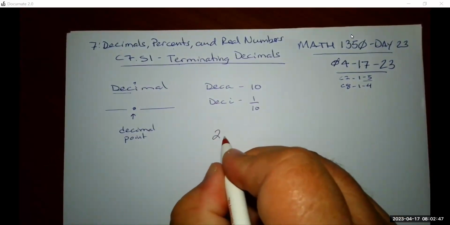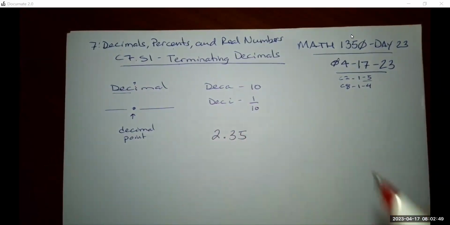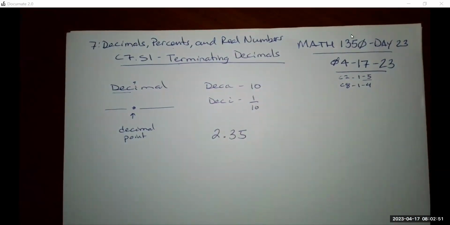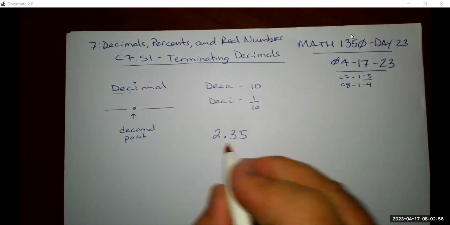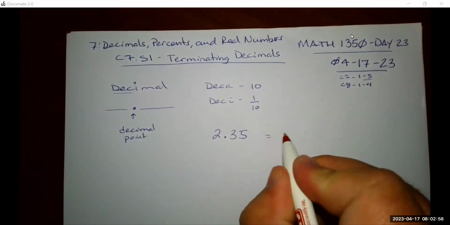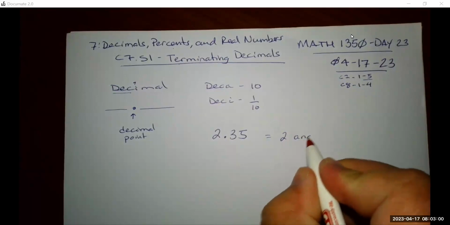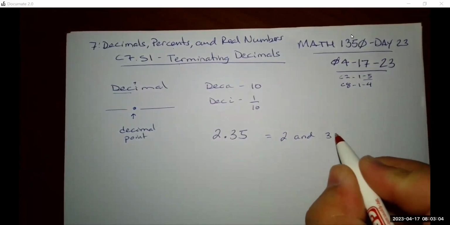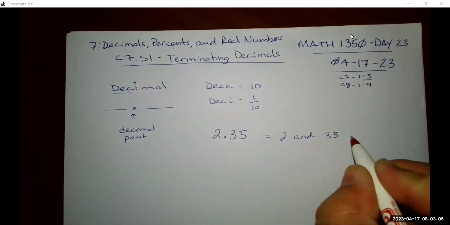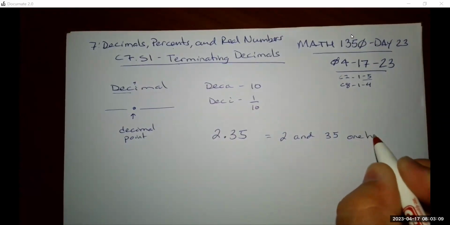So for example, 2.35 is also read 2 and 35 1/100ths.